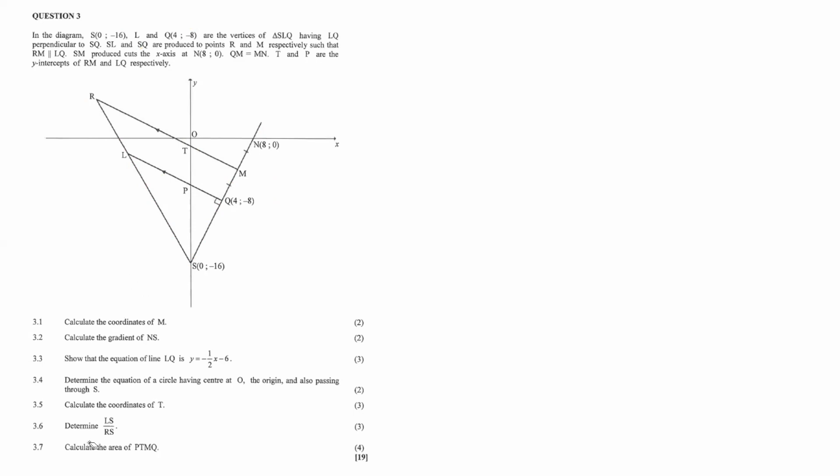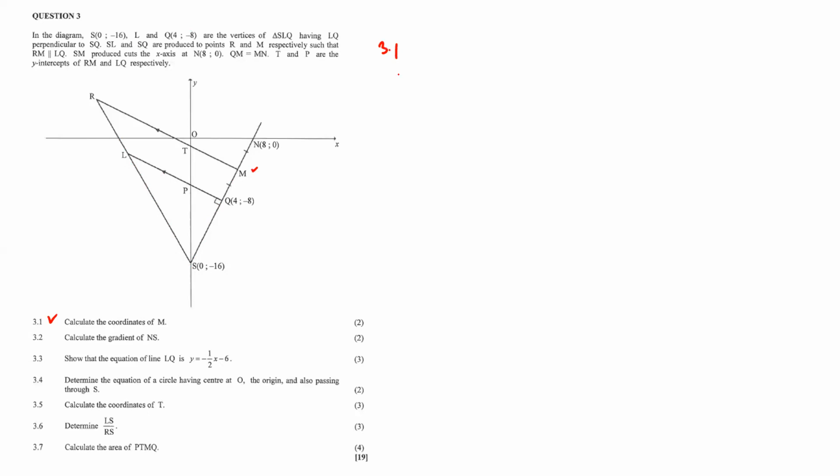What do we want to do now? We want to calculate the coordinates of M, and clearly M is the midpoint. What is the formula for the midpoint?